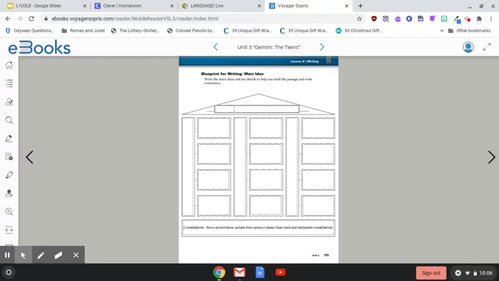For example, people have used constellations for their benefit and entertainment for a very long time. Constellations are fascinating and helpful. And there's some evidence that supports that.